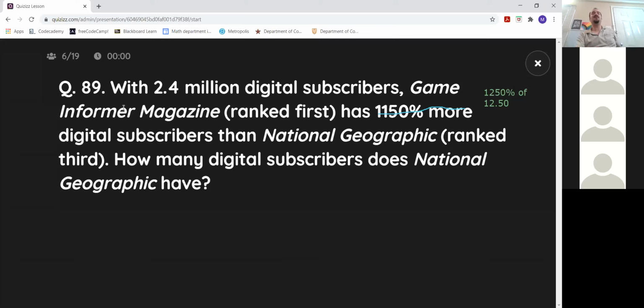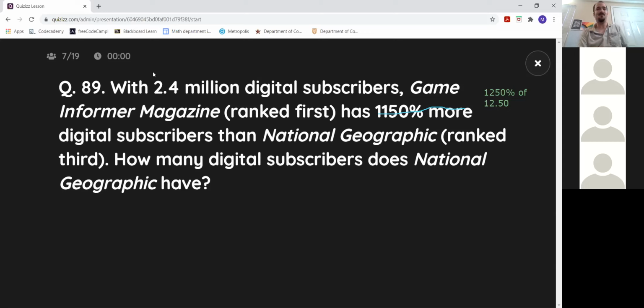Okay, this Game Informer has 2.4 million. That's 1250% of National Geographic. So if I want to know how to get from National Geographic to Game Informer, I'm going to have to multiply the National Geographic population by this to get to this.